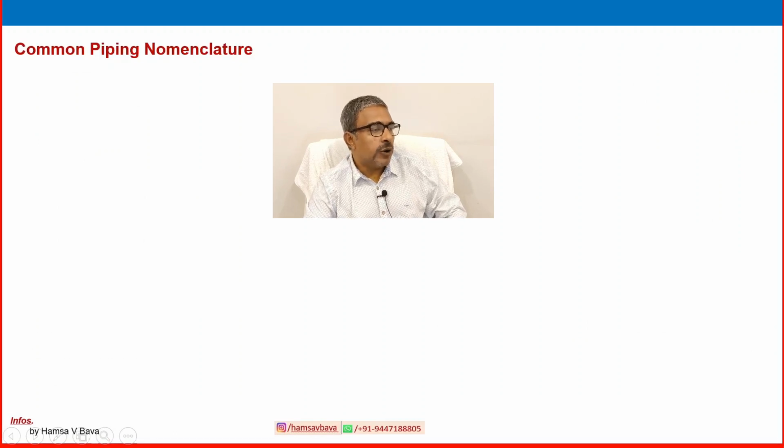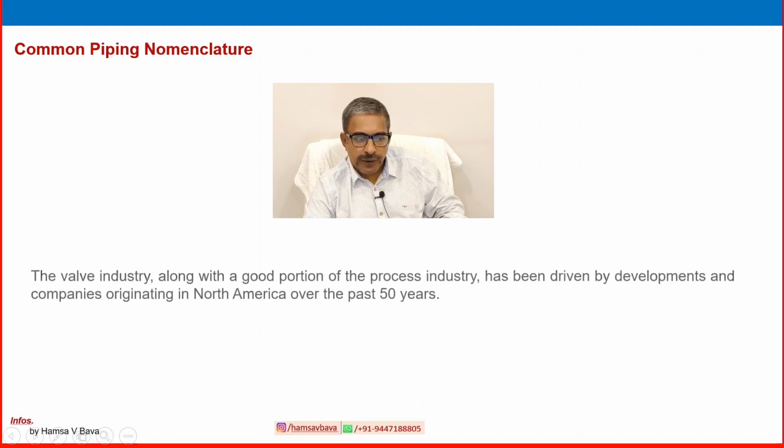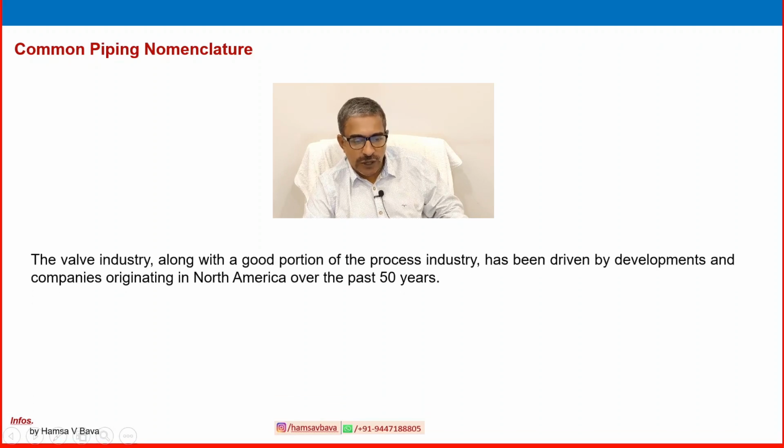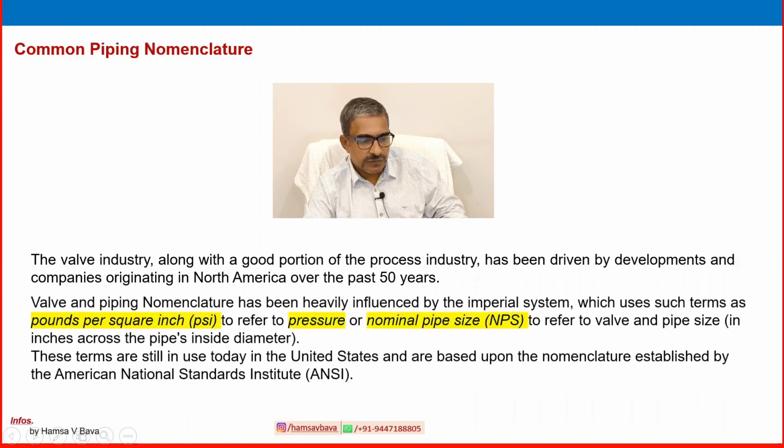Another important piece of information in this valves module is common piping nomenclature. The valve industry, along with a good portion of the process industry, has been driven by developments and companies originating in North America over the past 50 years.